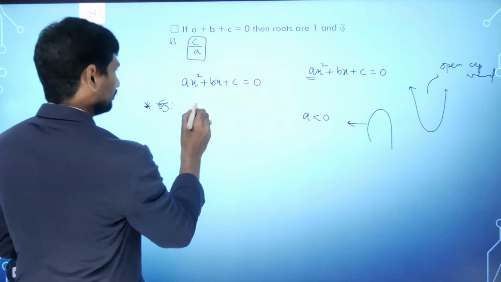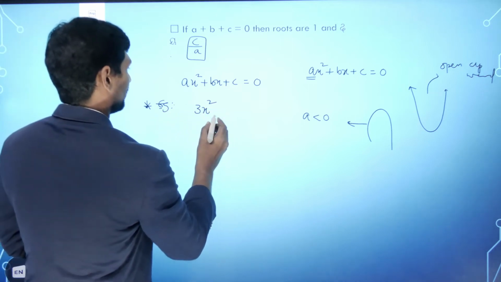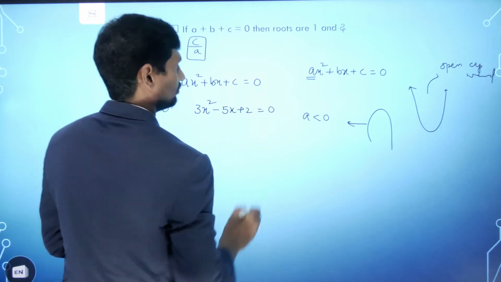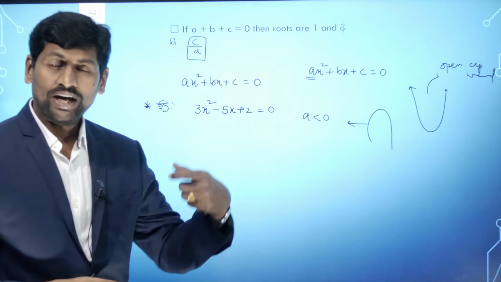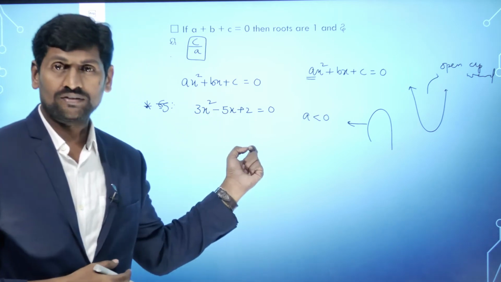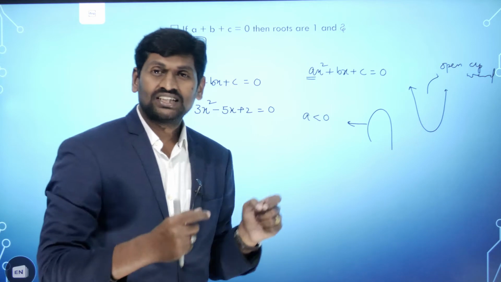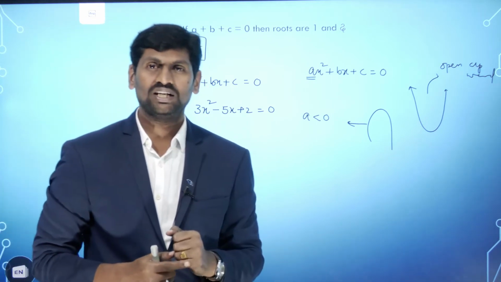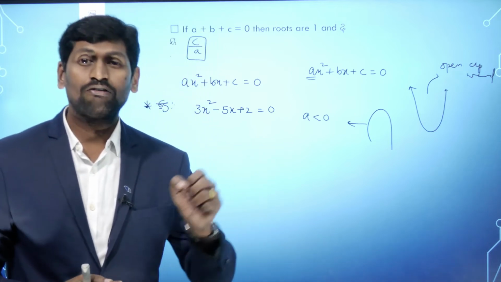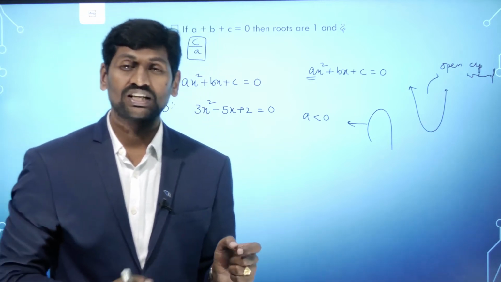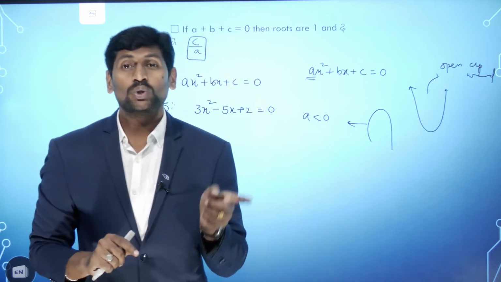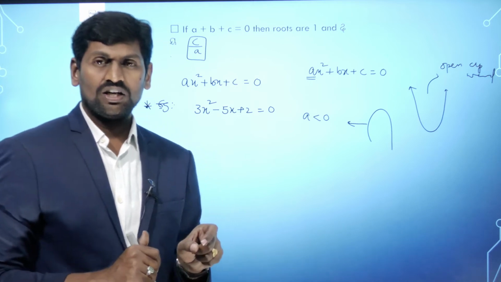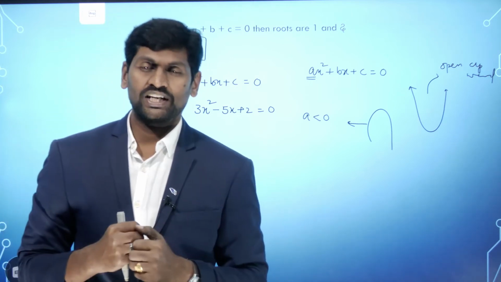For example, 3x square minus 5x plus 2 equal to 0. Actually, to find the roots of a quadratic equation, we use the factorization method, right? Like splitting the middle term is one method, or otherwise we use the quadratic formula. What is that? Minus b plus or minus root over b square minus 4ac by 2a. Or the completing square method also we can apply.